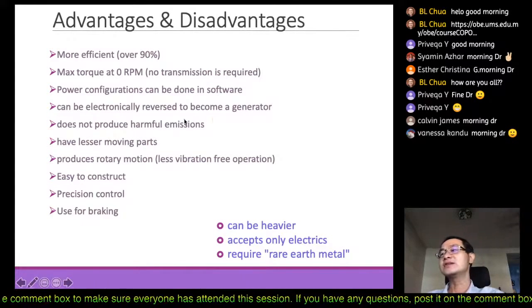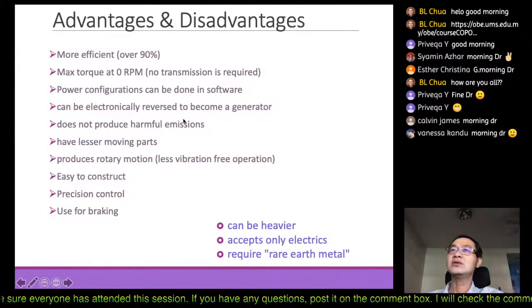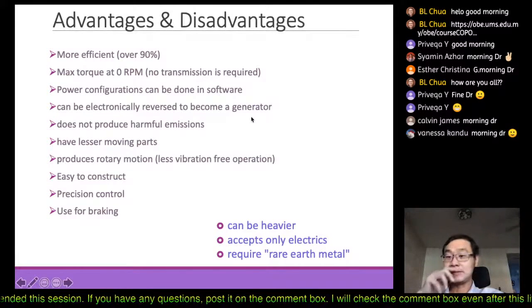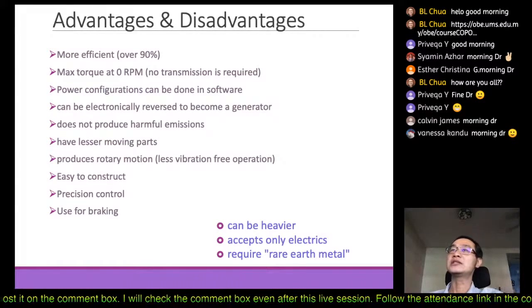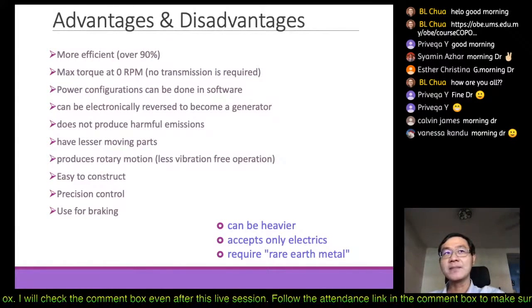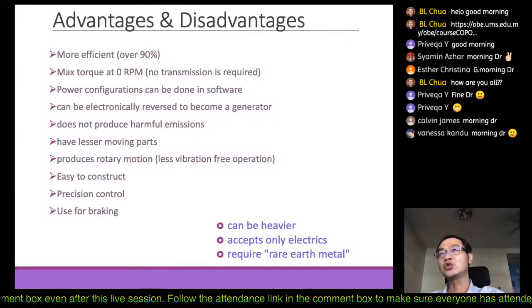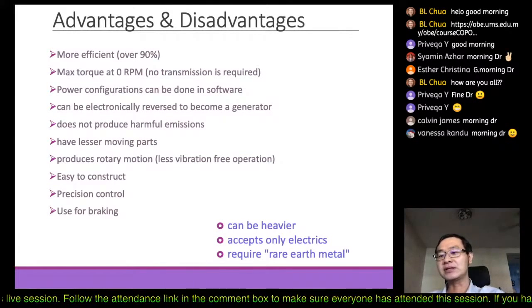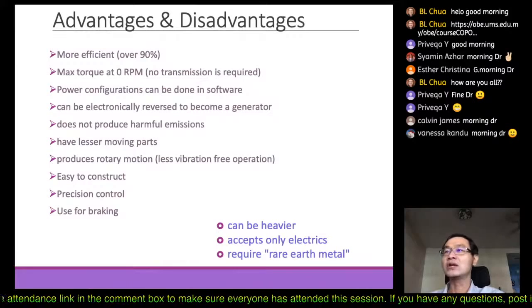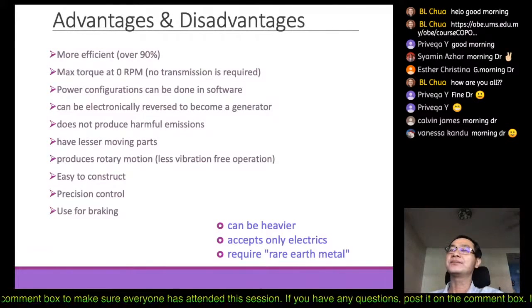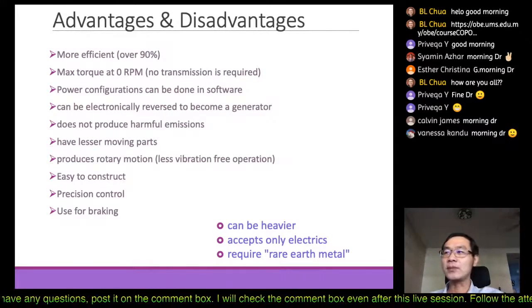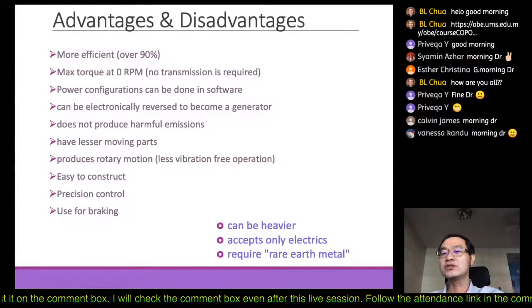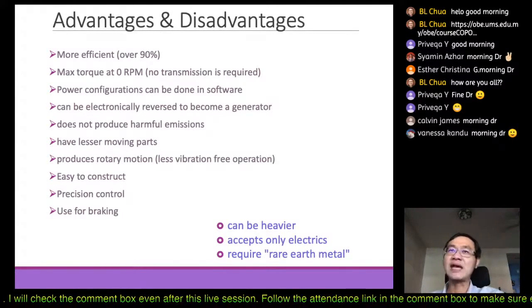And if we reverse it, for a DC motor or AC motor, it can become a generator as well. This has been used in the regenerative motor attached to the hybrid car's wheel. When the car moves and then we press the pedal to stop, the rotation of the wheels is converted back to energy to be stored.